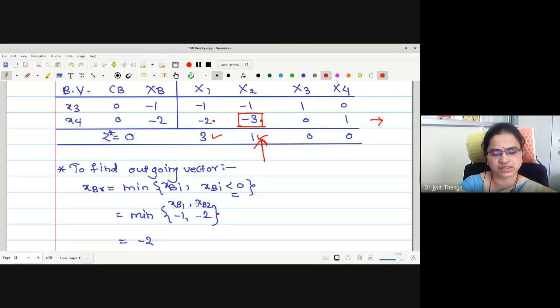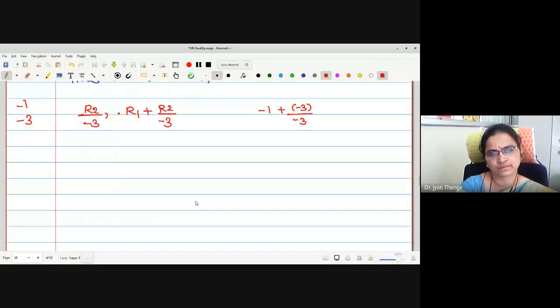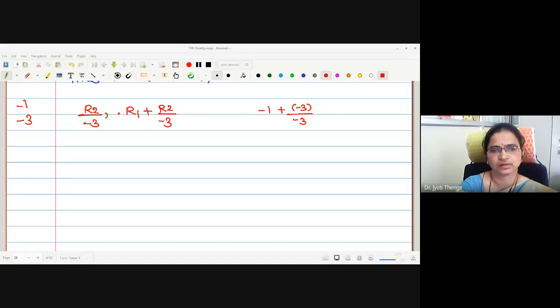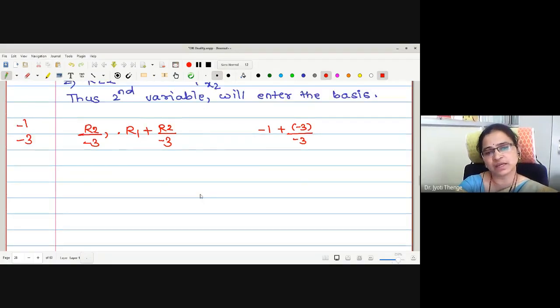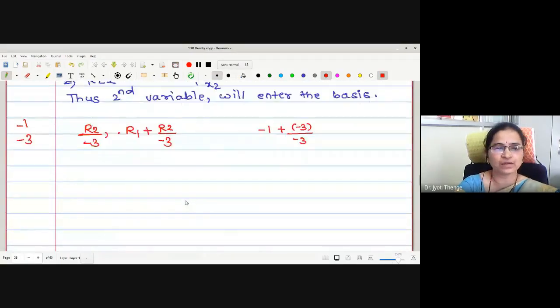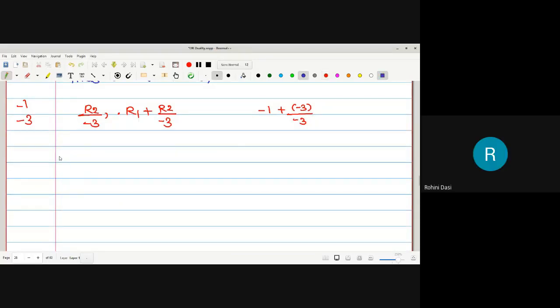Is there any difficulty with this? No, ma'am. Correct, no? These are the row operations we have to use. With this, our key element becomes 1, other element becomes 0. Now, as my table is very long, you just do the calculations and I will write the table directly. Is that okay? Yes, ma'am.